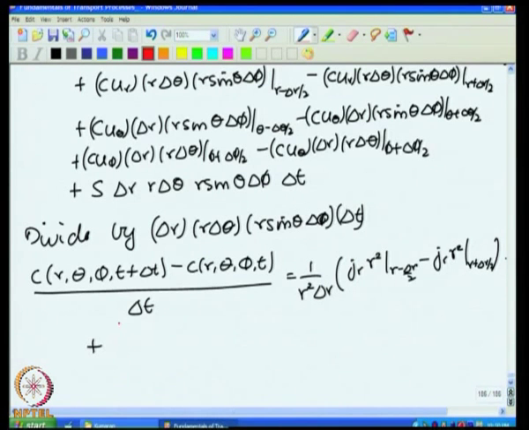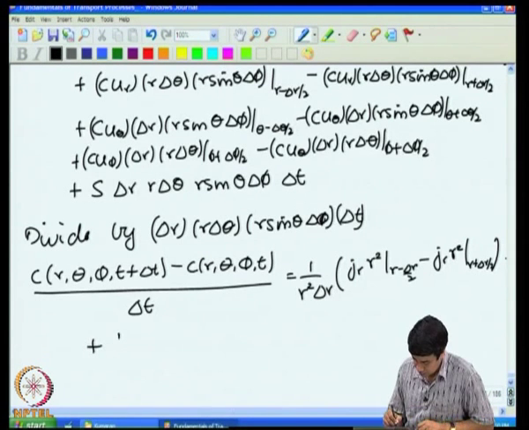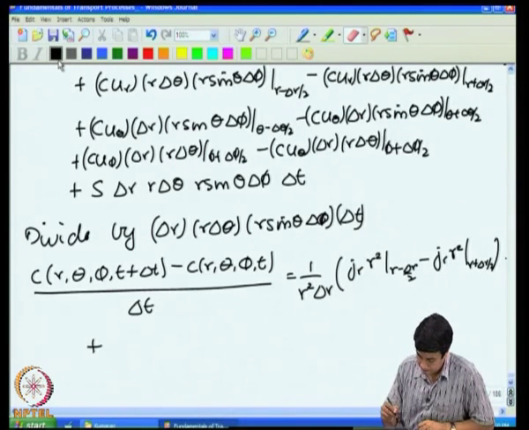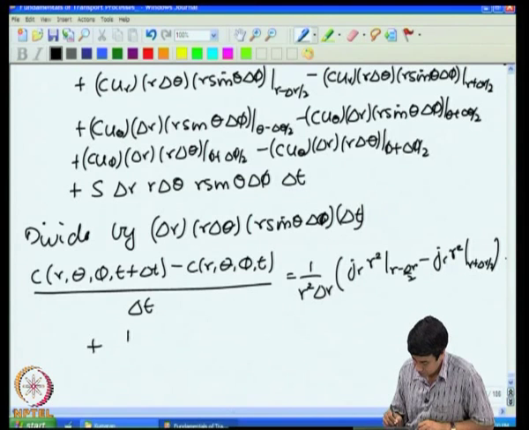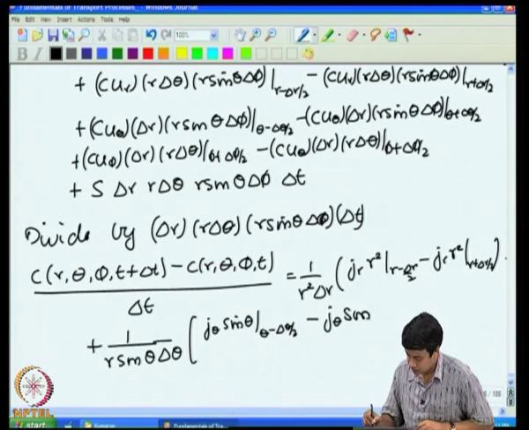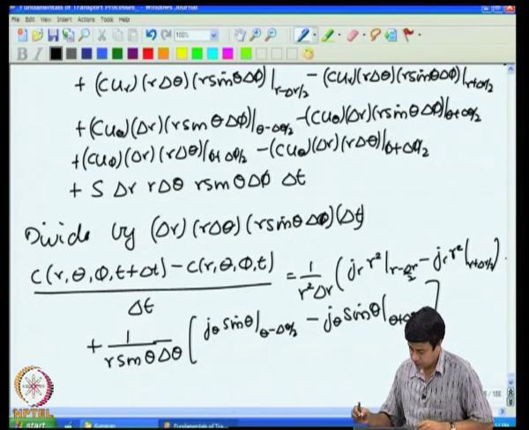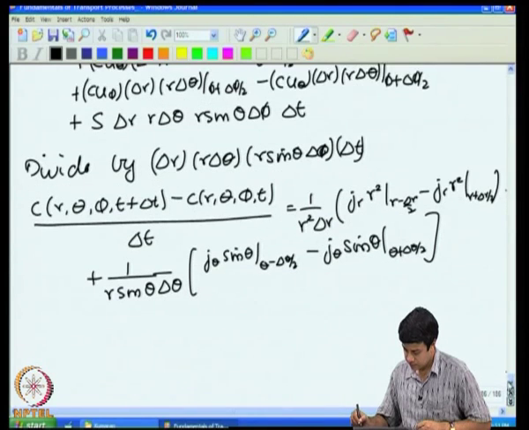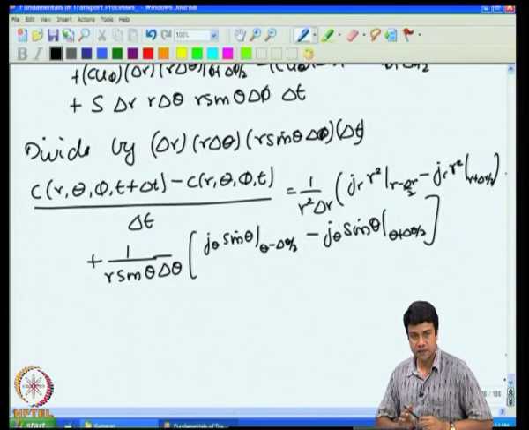So, that will give me 1 by r sin theta delta theta into j theta times sin theta at theta minus delta theta by 2 minus j theta times sin theta at theta plus delta theta by 2. So, that was for the variation in the theta direction, because the surface area is changing.